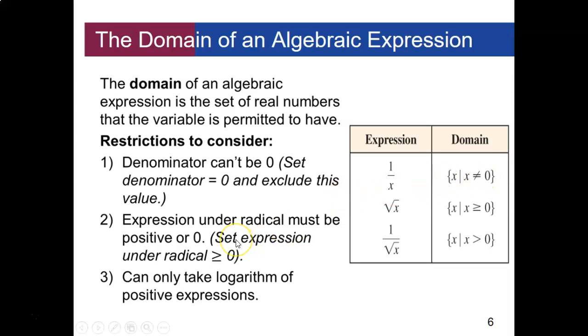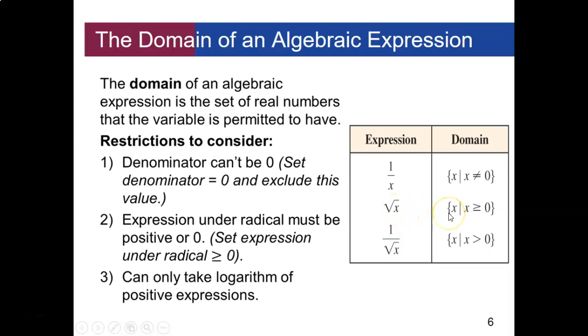Okay, the second one here, expressions under the radical must be positive or 0. So essentially we want to make sure that whatever's underneath the radical gets set greater than or equal to 0. We know that we can't take the square root of negative numbers, and so therefore we need to restrict the domain in such a way that whoever's using this expression knows not to put negative numbers in for x.